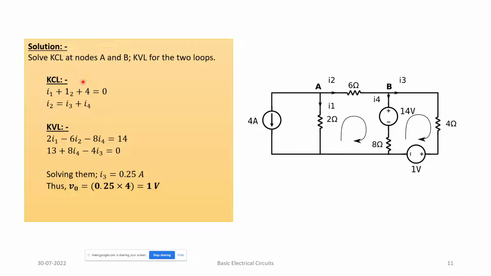Solving these equations, we get the current I3 to be 0.25 ampere, and 0.25 ampere into 4 ohms is 1 volt. So this is a quite straightforward calculation type question. If you have any doubt, please ask. No sir.